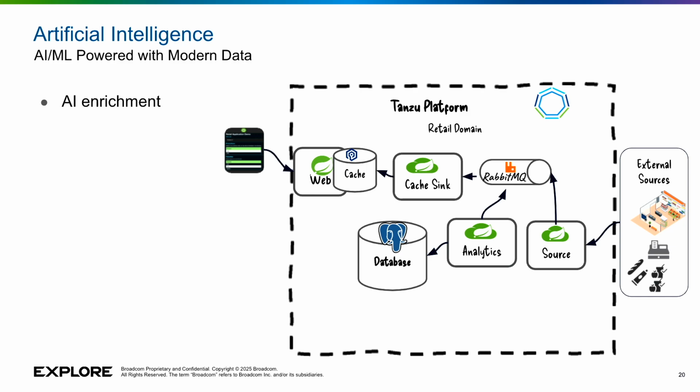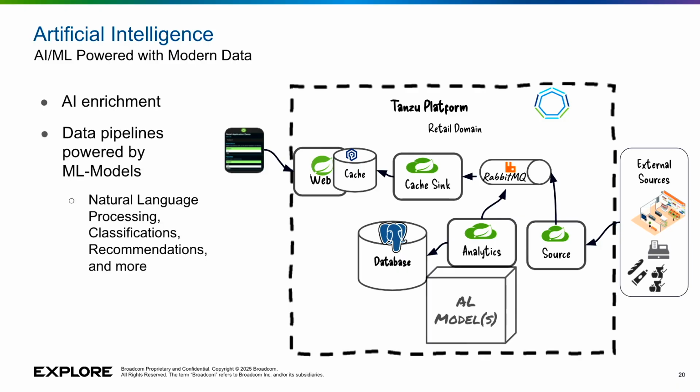And now that you have your data pipeline, you can easily introduce artificial intelligence concerns, right? So maybe you introduce natural language processing. For example, if you are accepting things like customer reviews or product reviews, you can determine the sentiment of those reviews.